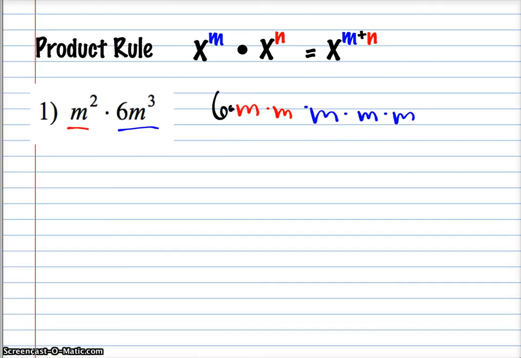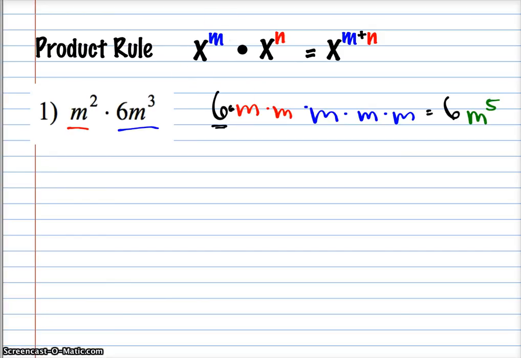My final answer: I have a 6, and I have a total of 1, 2, 3, 4, 5 m's. m to the 5th power. Now, this is the expanded form.